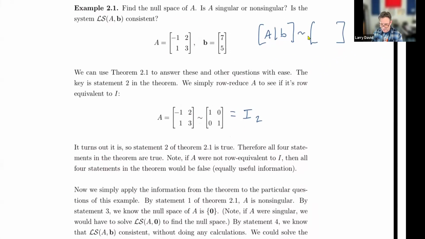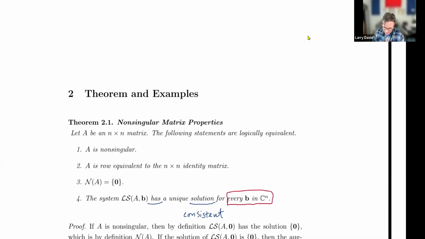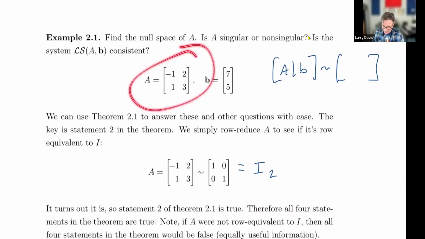Now, this example is a little bit contrived, in the sense that these questions are specifically based on the theorem here. We could ask some other question about A that the theorem wouldn't answer. So we'd have to use some other technique, some other way to decide.